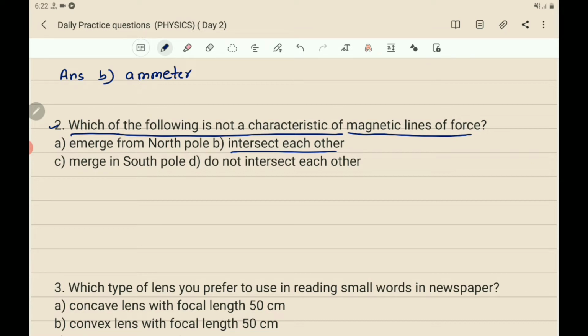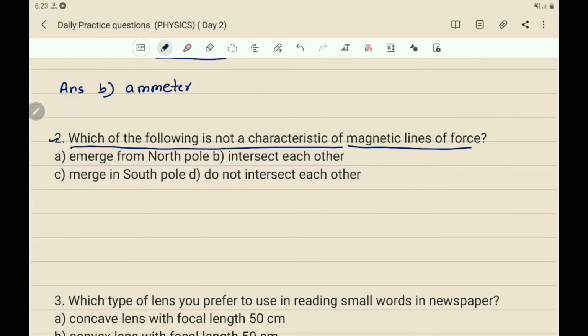You know that the magnetic lines of force do not intersect each other. Here only you can make out the answer. Here it is not a characteristic of magnetic lines of force. Merge in South Pole, that is the characteristic, and do not intersect each other, that is also the characteristic of the magnetic lines of force.